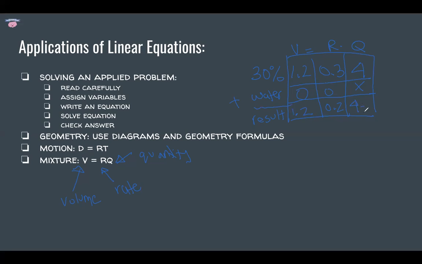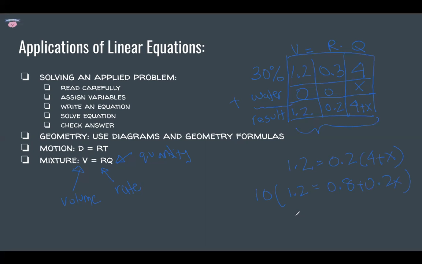So it should be 4 plus X. So now what we want to do is find X, right? So we have this equation, 1.2 is equal to 0.2 times 4 plus X. 1.2 is equal to, if you distribute, you get 0.8 plus 0.2x. I really don't like decimals, so we can multiply everything by 10.